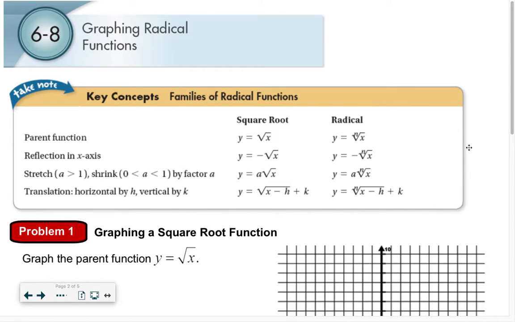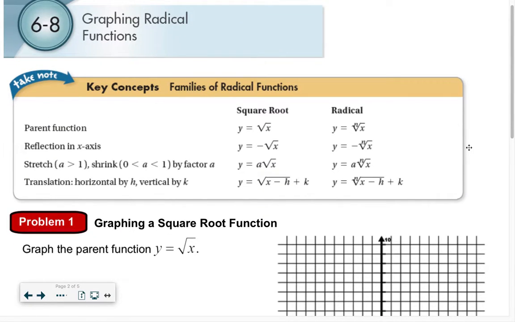Okay, the parent function is y equals the square root of x. Our reflections: if a negative is outside, it is reflected in the x-axis. If we have a number outside of our radical, then it is stretched or compressed.